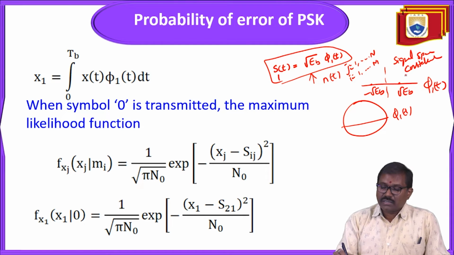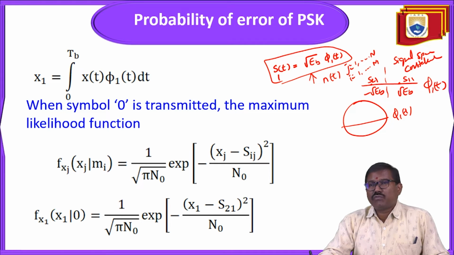Here these are S11, S21. S11 means symbol 1 is transmitted, that is root Eb phi 1 of t. But in the constellation diagram or signal space diagram, we represent this root Eb as S11.